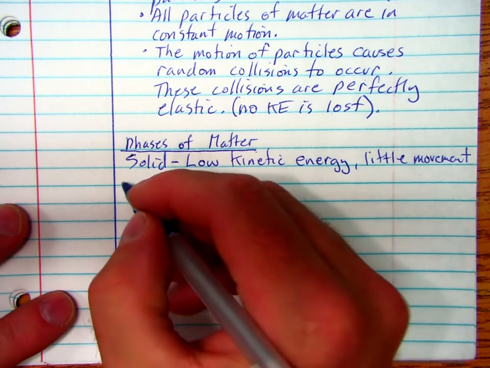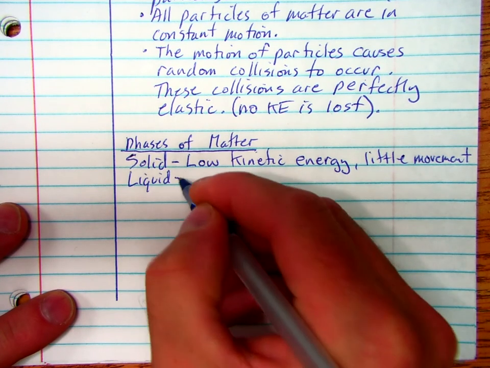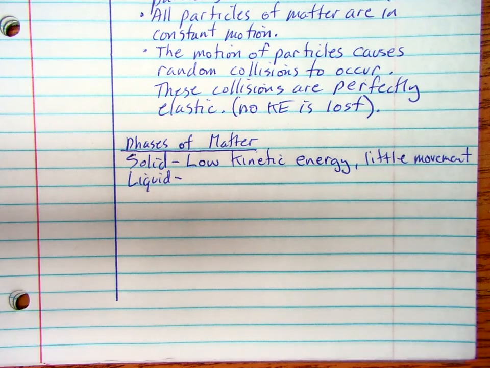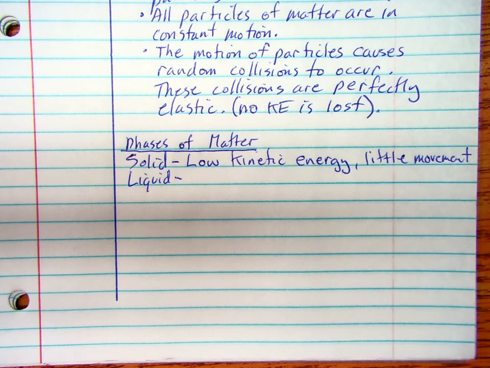Liquids, the liquid phase, has enough kinetic energy to overcome the particles' attraction. So particles have an affinity for each other. Water molecules attract other water molecules. And so these intermolecular forces have to be overcome so that the particles can then move around each other.